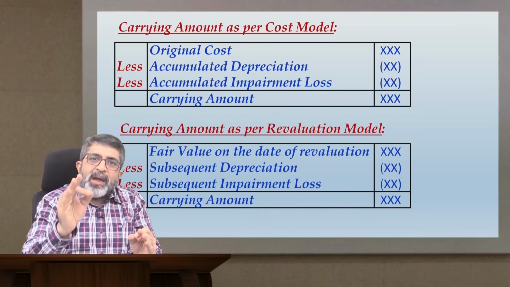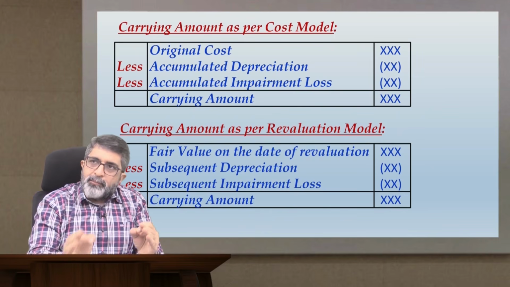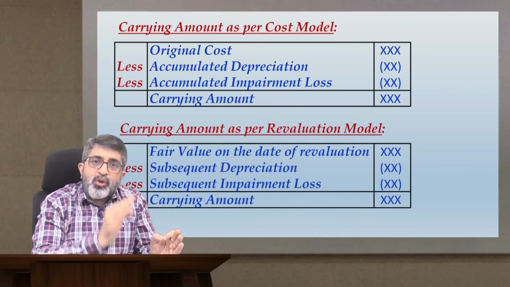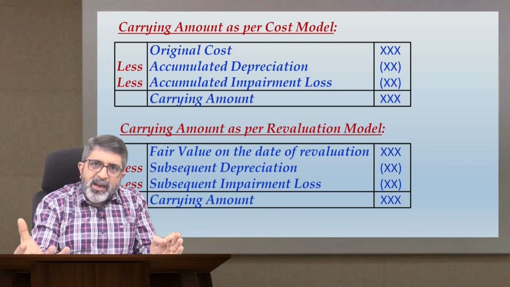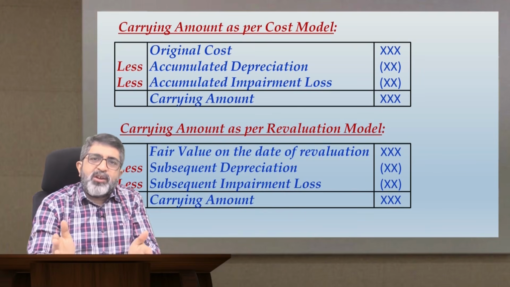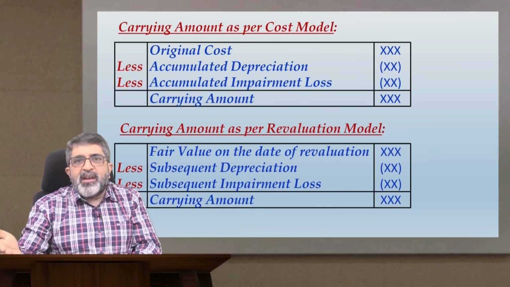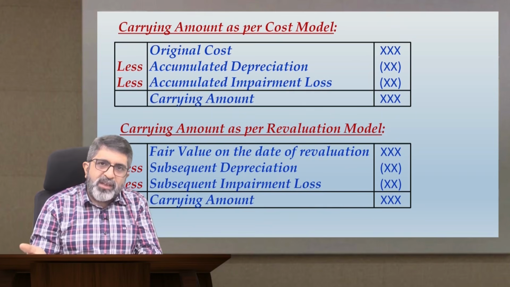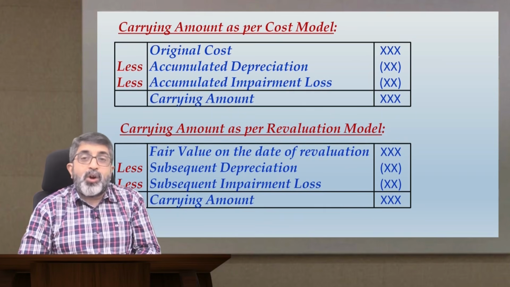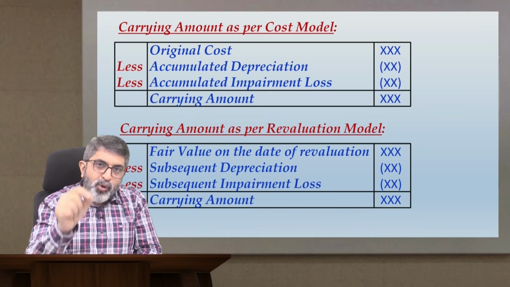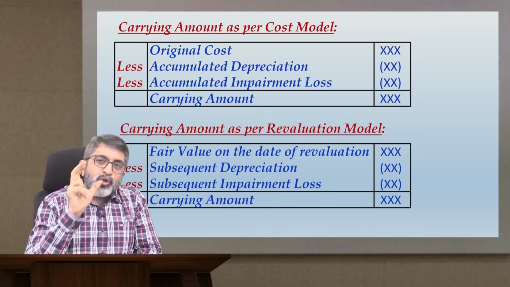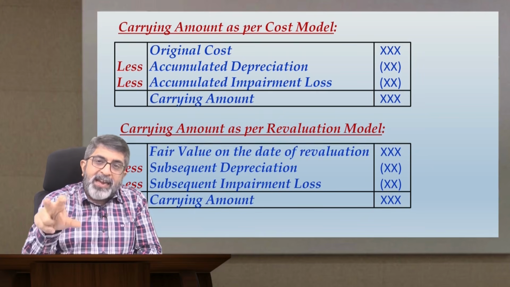You decided to apply revaluation model because the asset is not having a volatile market. You have decided to revalue once in every 3 years. But instead of 3 years, if you are revaluing at interval of 4 years or 2 years, it does not matter. What matters is what you are reporting as per revaluation model should reflect the proper value of that asset as on that date.